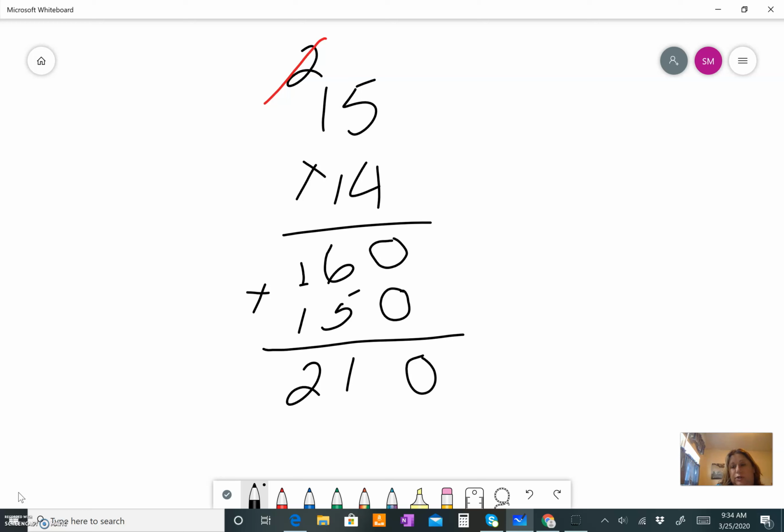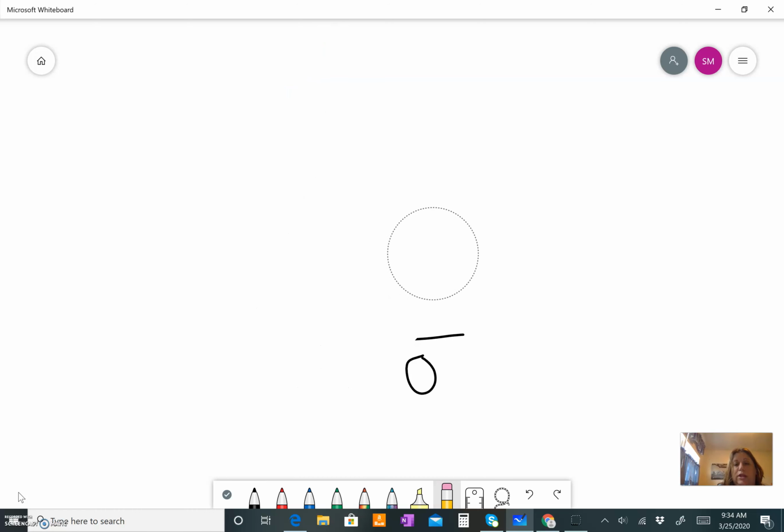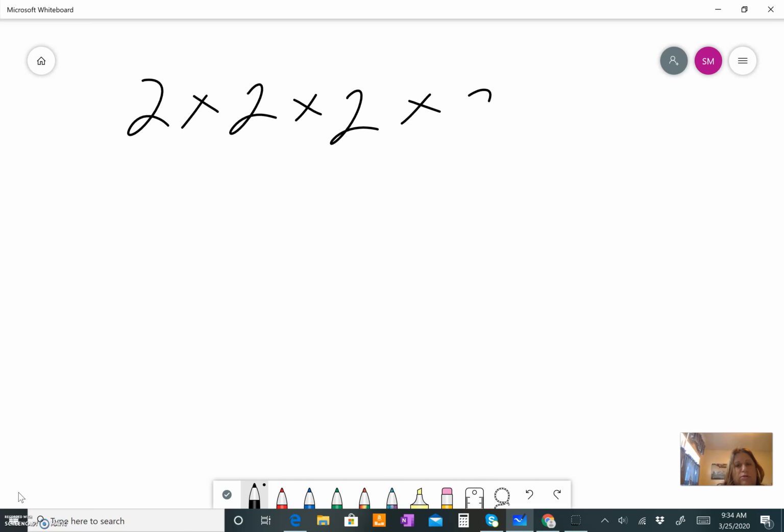Okay, so our next part here is using the exponents, how we write it. Now, just like the beginning lesson, we are going to use how many of that number there are. So let's look at number 1 under part B of using exponents. It says 2 times 2 times 2 times 2.